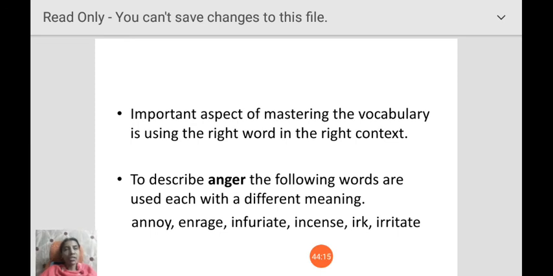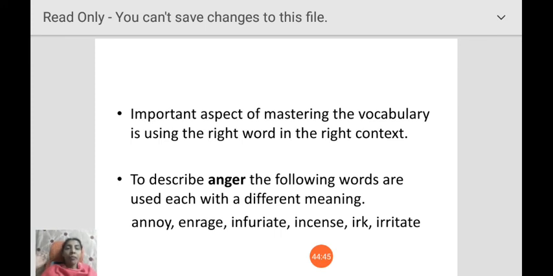These are a list of synonyms, but each of them has a different shade of meaning. The meaning that it conveys is different. Now let us look at this one. By anger, we all know. Annoy means when you are a little angry, we call it annoyed.